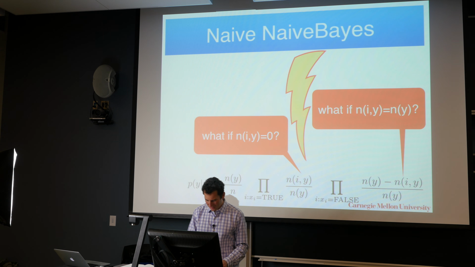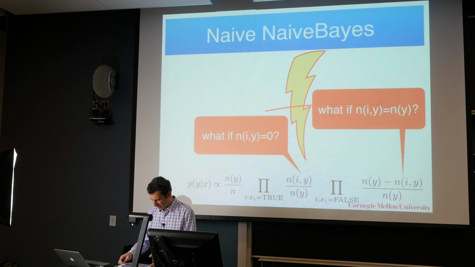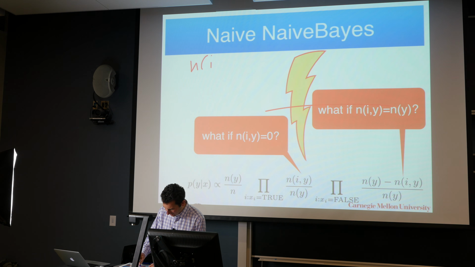So the way you fix it is essentially as follows. Instead of taking n of i and y over n of y, you add to this plus some small alpha_i, and here I have the sum over all j of alpha_j.